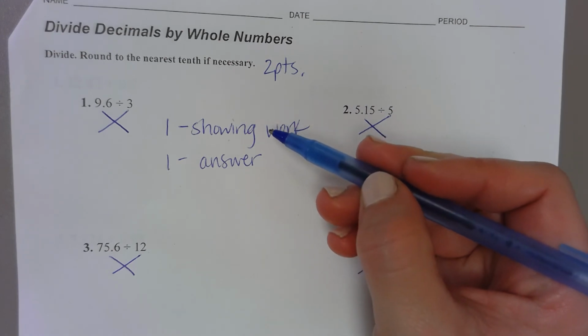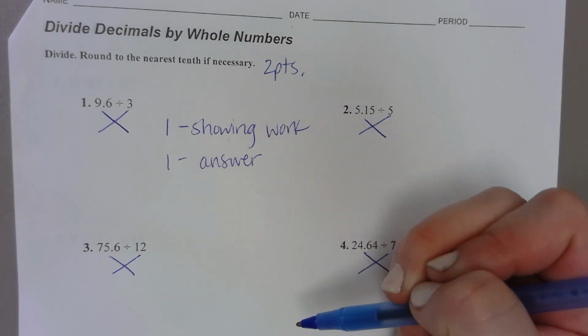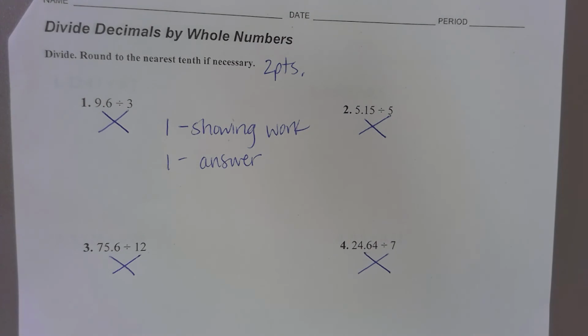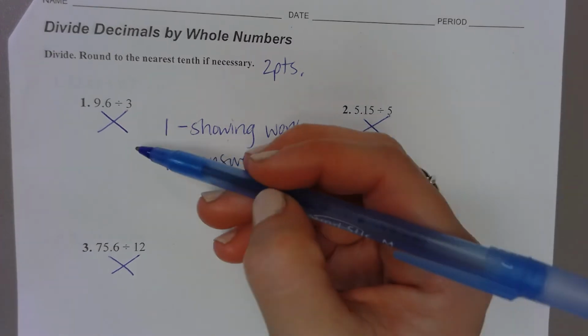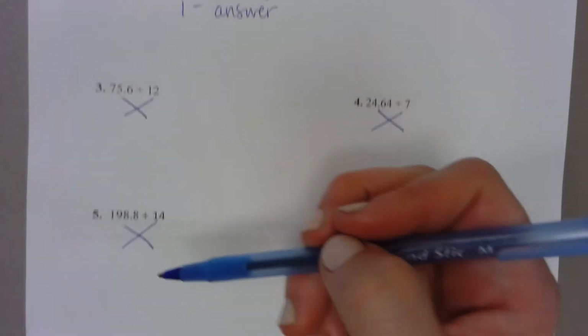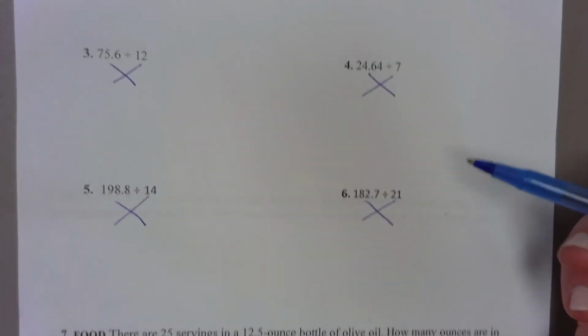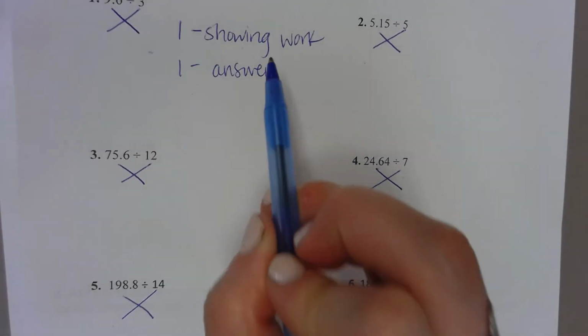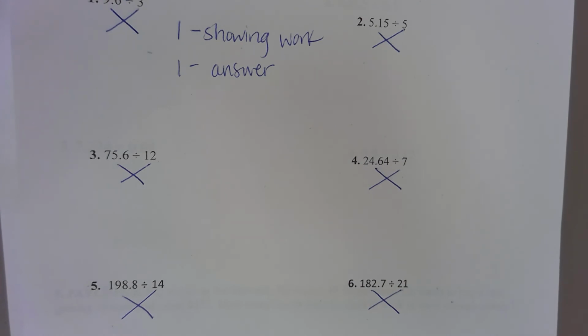Those are easy points to just not lose in the first place. So make sure you're showing your work so that I can see where you're making a mistake, where you're doing a great job. And if we need to backtrack a little on something, then I know where your mistake is. Okay, so each 1, 2, 3, 4, 5, and 6 is worth 2 points using these expectations here.